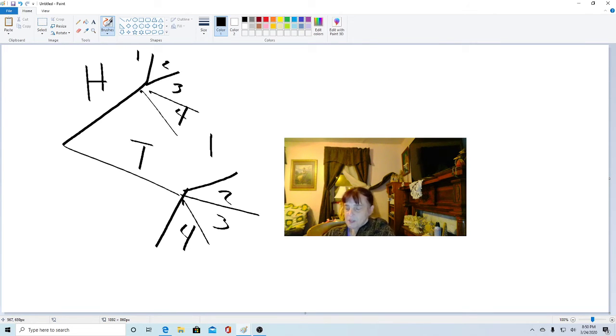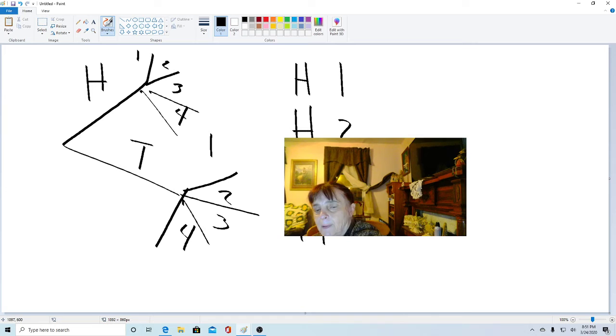So your sample space could be, I'll abbreviate heads as H: heads 1, heads 2, heads 3, heads 4, and then tail 1, tail 2, tail 3, tail 4.